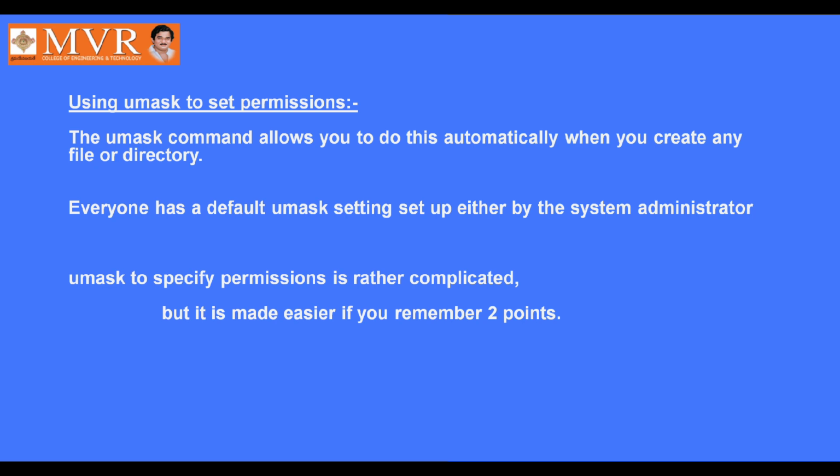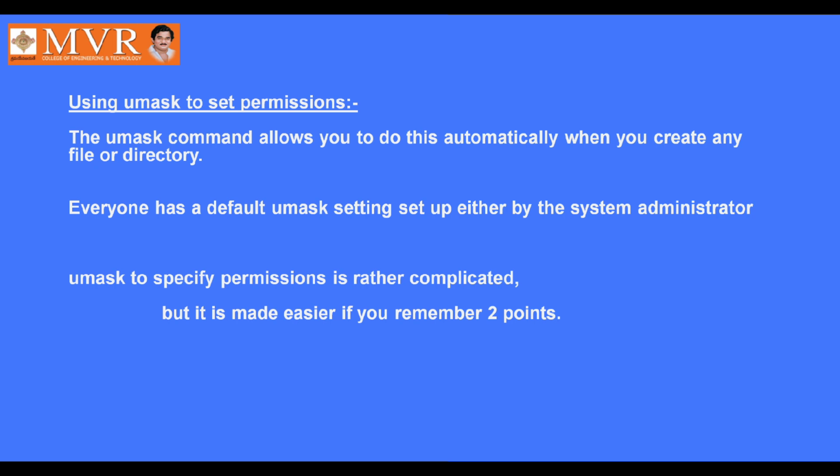What we have done till now is only for a single file. You can give permissions to a single file, but you can also do it like this. Whenever you log into the system or whenever you create a user, you can set default file permissions so that any file created under that user will have the same permissions.